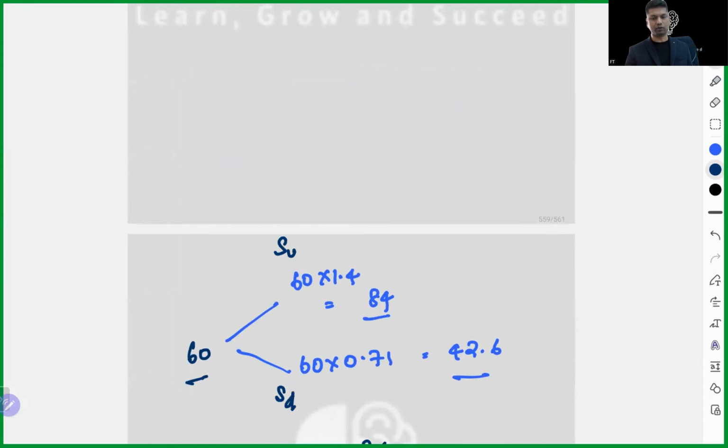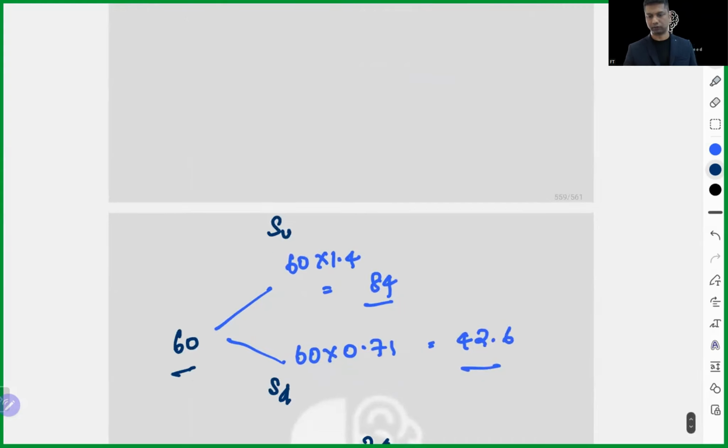State of up move, it is going to be 84 rupees, and state of down move, it is 42.6. I might be rounding off here a little bit just to make the numbers easy to write, but in your exam, you don't want to round off. So in the up move state, the stock is going to be 84, and in the down move state, the stock is going to be 42.66.